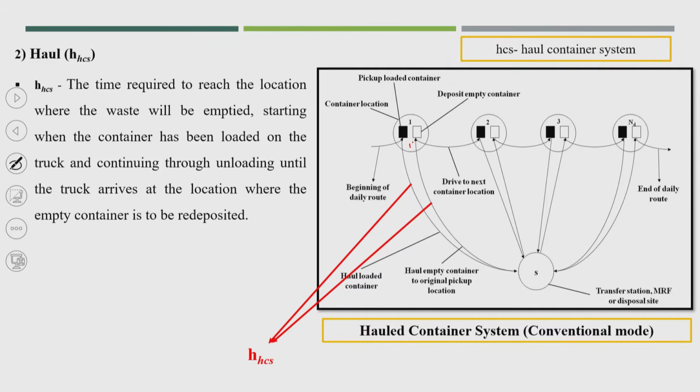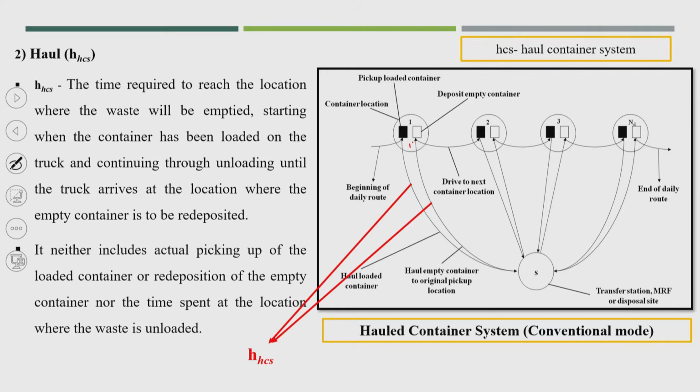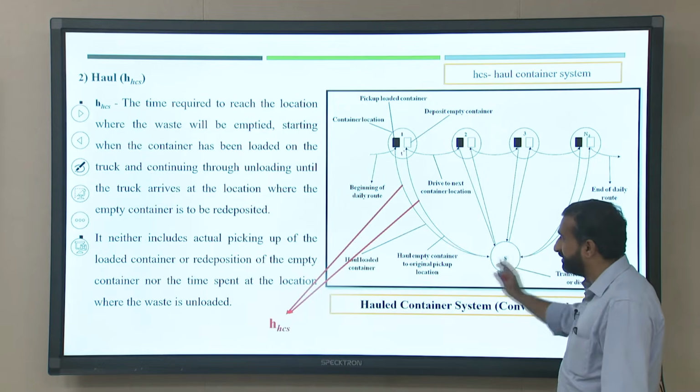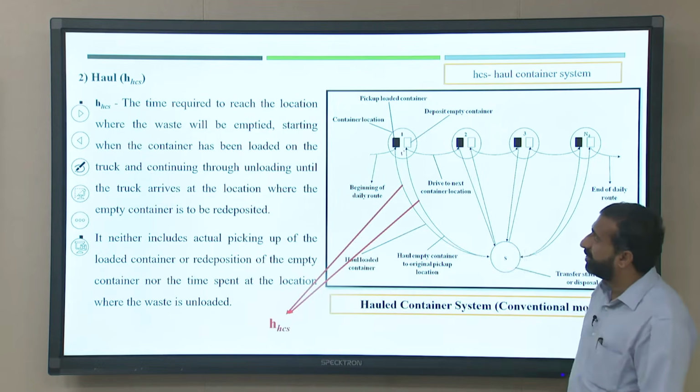This time is considered the haul time. It does not include the actual picking up of the loaded container, the redeposit of the empty container, nor the time spent at the location where the waste is unloaded. The time for unloading waste at the disposal site or recycling facility is also not included in the haul time.